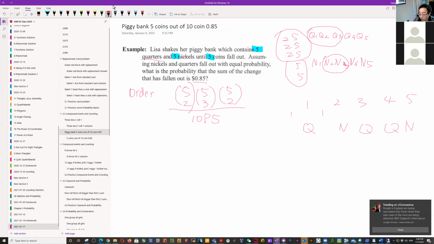After we select the positions of the quarters, the quarters have 3 factorial ways to be arranged, and the nickels have 2 factorial ways.